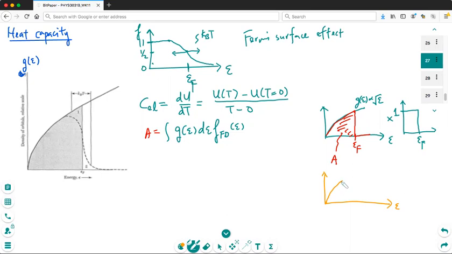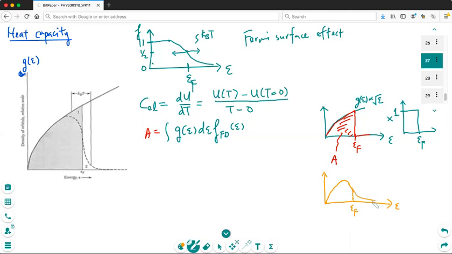Now, this is my Fermi energy. Above the Fermi energy, I will have something which is non-zero but smaller than 1, so I take this curve and scale it by that factor.